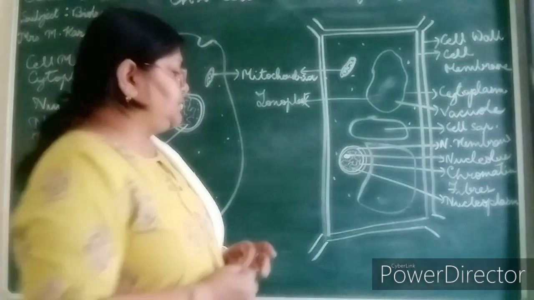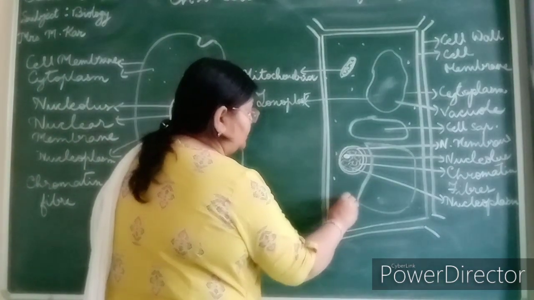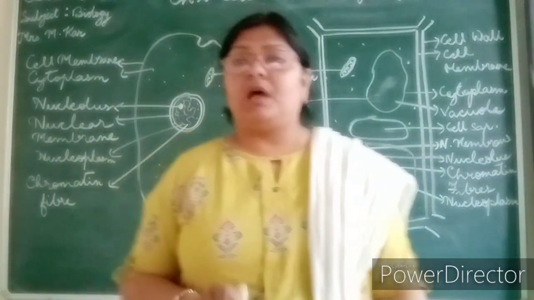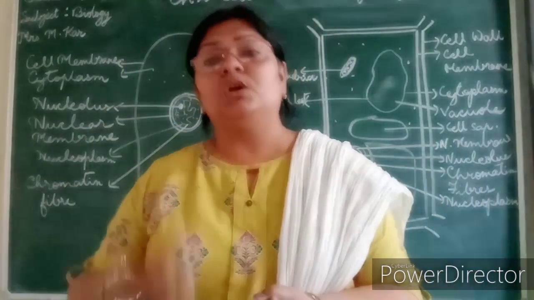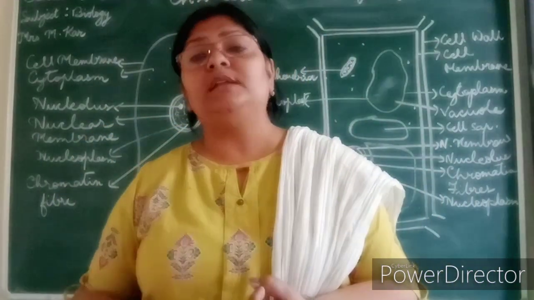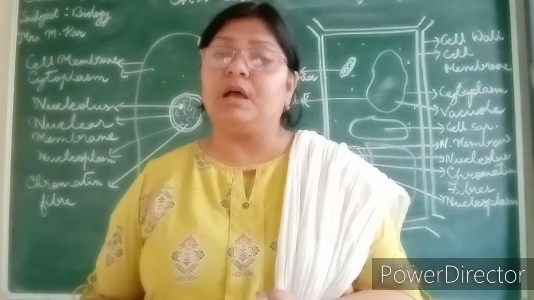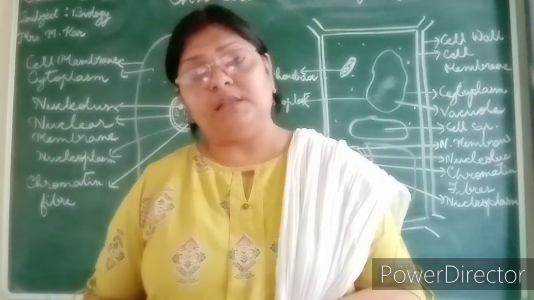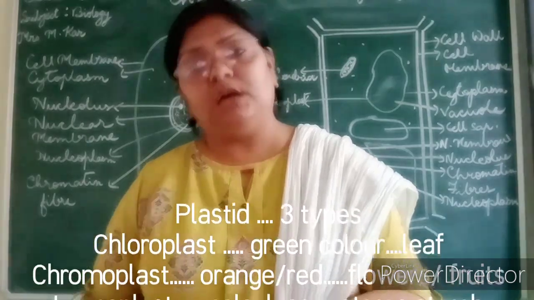Now the plastids present in plant cell may be of three types: chromoplast, chloroplast and leucoplast. Chloroplasts are the plastids which contain chlorophyll and give green color to the cell.